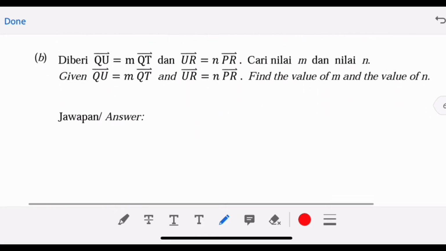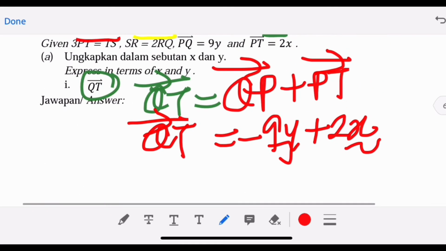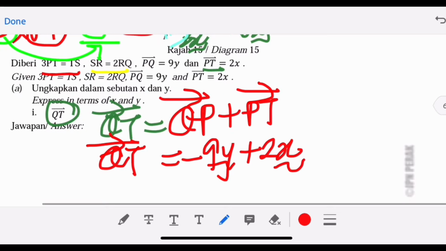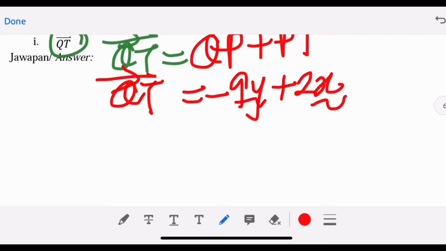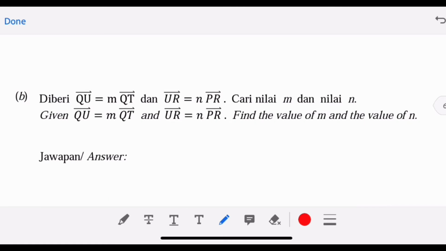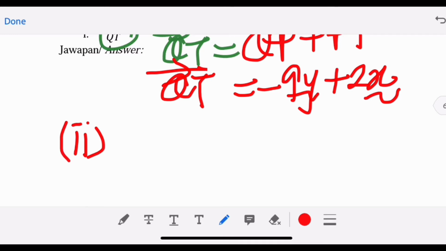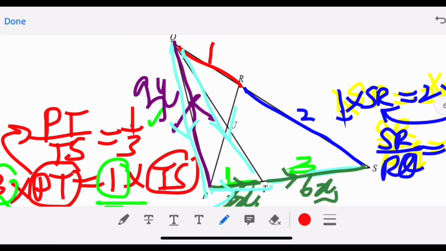Now we can substitute for part B, number 2. Number 1 is settled already. For number 2, we have to find the vector QR first. In fact, for number 2, there is one more question asking for vector QR. So where is the vector QR? QR is 1/3 of vector QS.